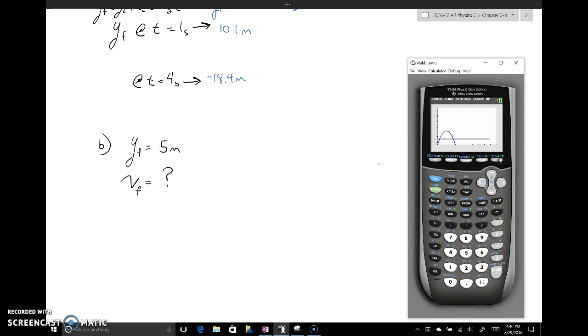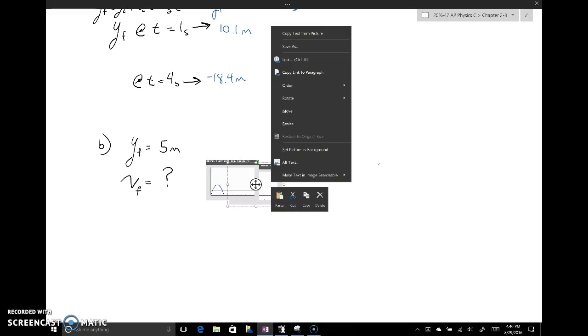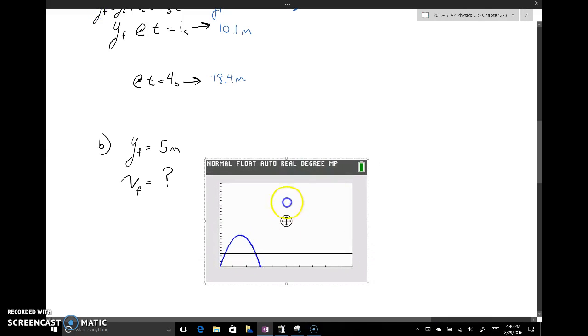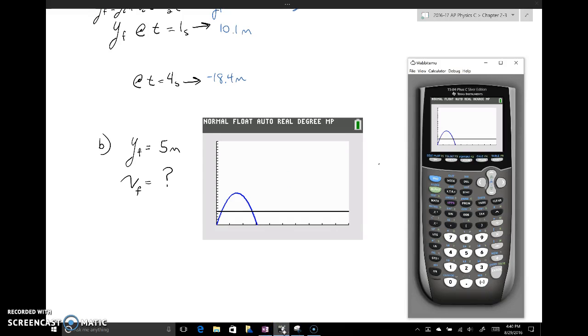There we go. So we can see that there are 2 places that this happens. Once on the way up and once on the way down. So it definitely goes higher than 5 meters is something else we've determined.